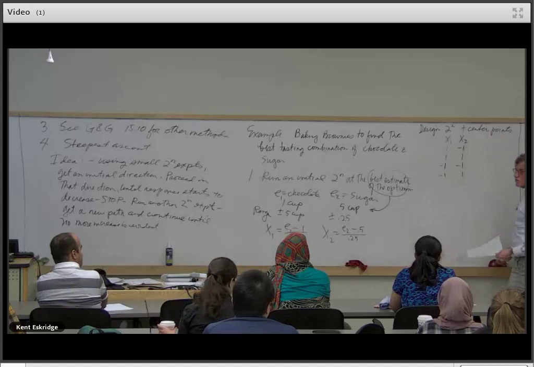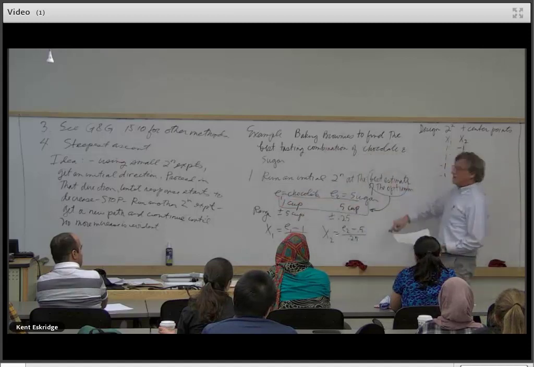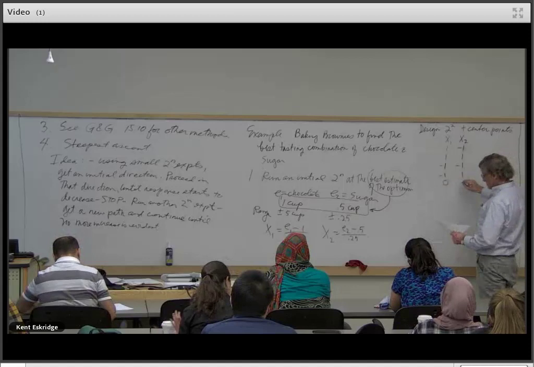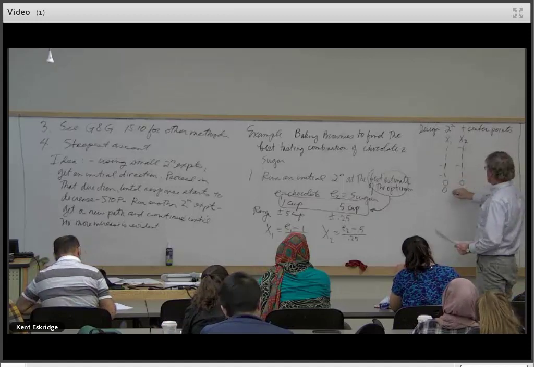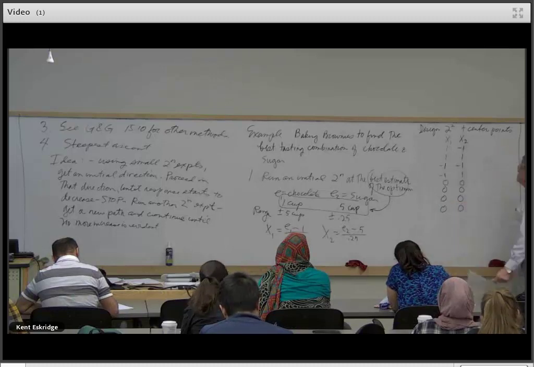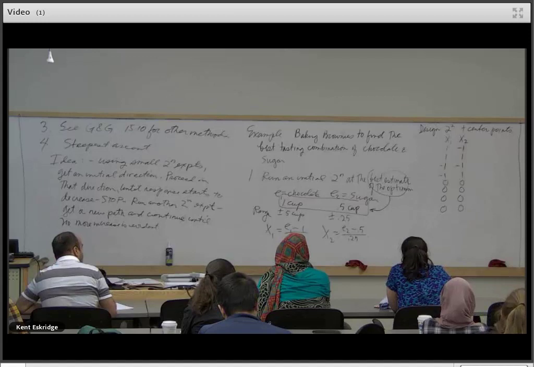What else? I put some center points. Where are my center points in this design? That's the center points, right? And those are going to be 0. All right, so let's put 4 center points in here. Okay, 0, 0, 0, 0 for both of them. So this is the factorial portion and then center points. This is what's called a first order design.